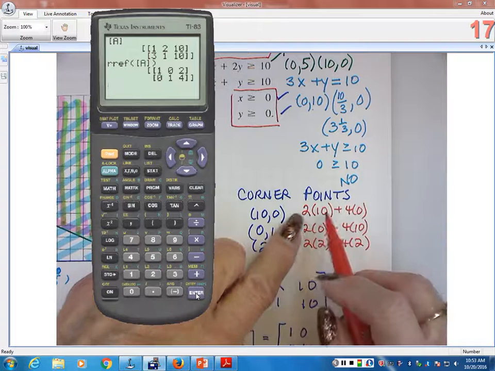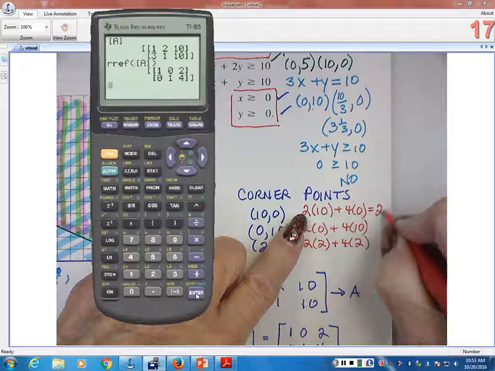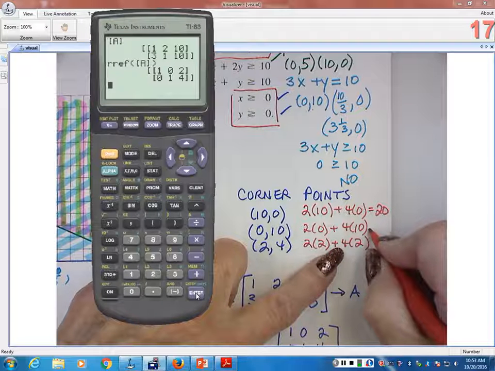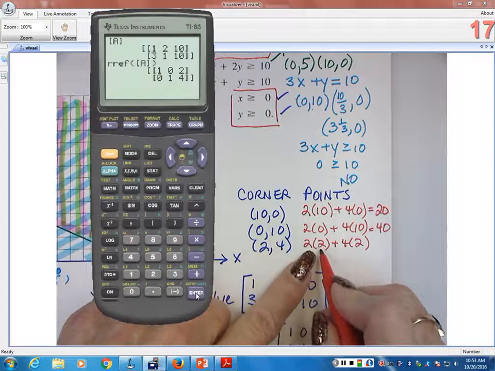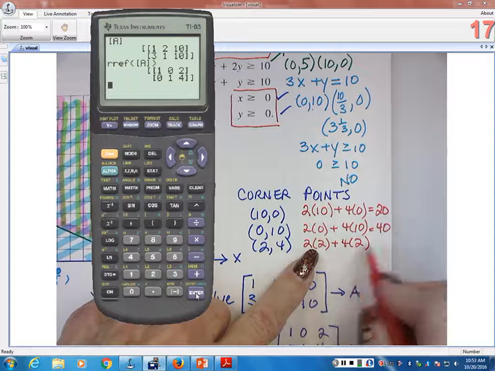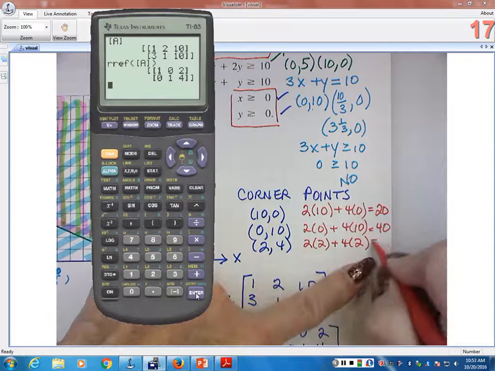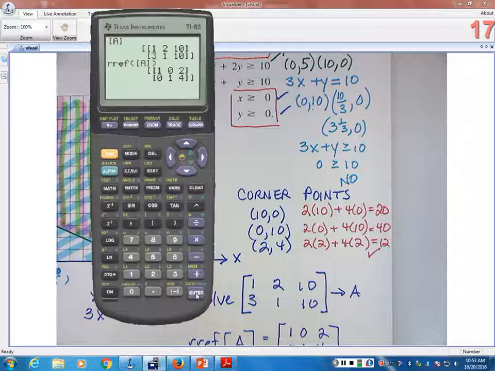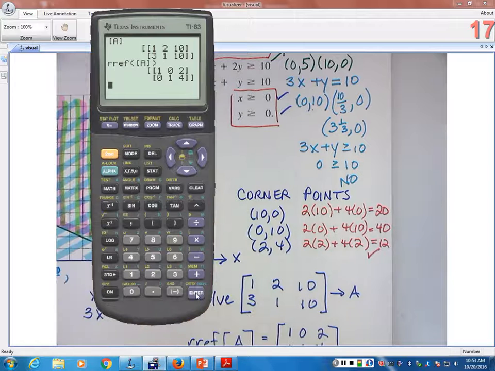So 2 times 10 is 20, plus 4 times 0 is 0, so this one's 20. 2 times 0 is 0, plus 4 times 10 is 40. 2 times 2 is 4, and 4 times 2 is 8, so 4 plus 8 is 12. And that is our minimum value of z. So the point A minimizes z.